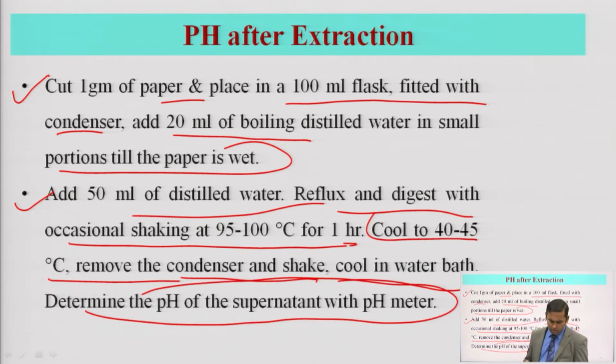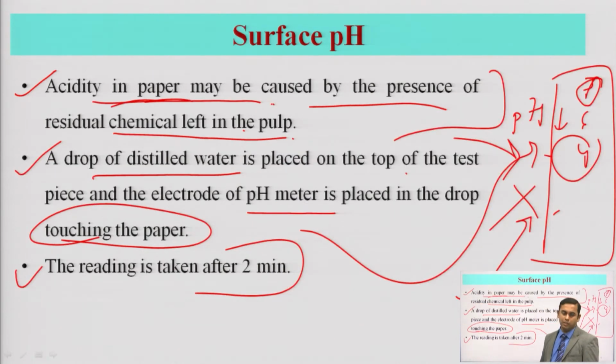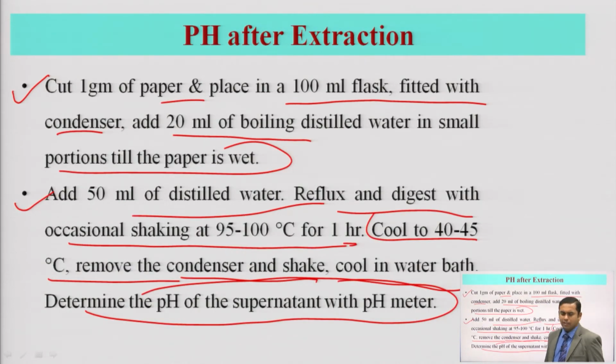Now, sir, you already have told us about the surface pH. Then again, sir, you are telling us pH after extraction. Why, sir? The answer is, there are chances that after your entire packaging, including the pharmaceutical product, is packed and goes to the market, the pH within your packaging material may actually change, or some filthy substances may be added during packing, because the making of the packaging material is not done by your hand.